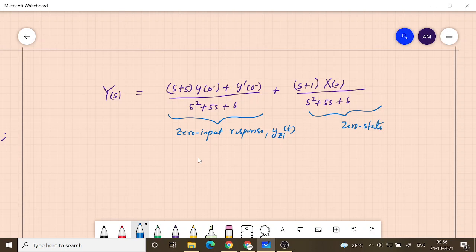When there is zero state, that is y of 0 minus is 0, y dash of 0 minus is also 0, all of these initial conditions are 0, in that case the entire response is due to the input applied, which we now call zero state response. Now the zero state response, after taking the inverse of this term, whatever we get, will be called zero state, zs, of t.